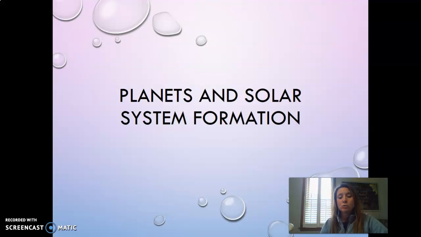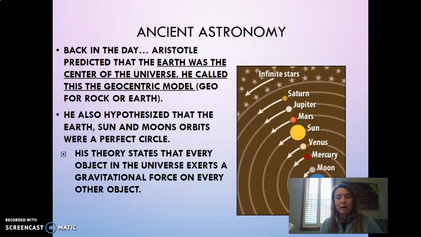But to the naked eye, way back in early times, there was a gentleman named Aristotle, and Aristotle was a scientist by many natures, but one of the things that he really did try to predict and understand was the idea and the motion of what he thought were all stars.